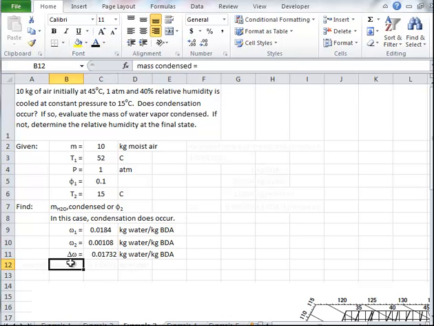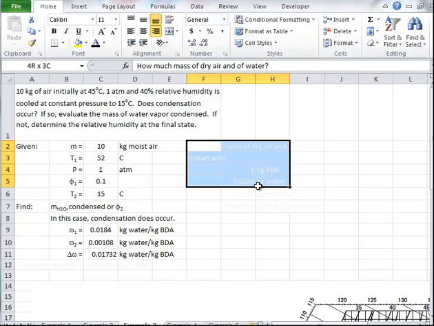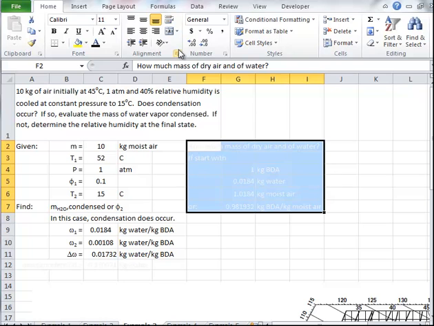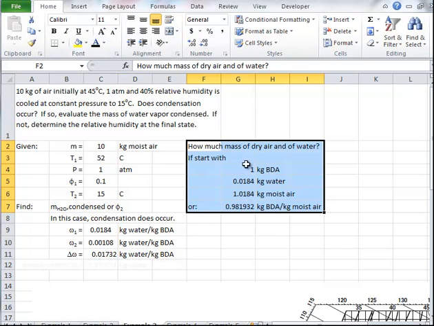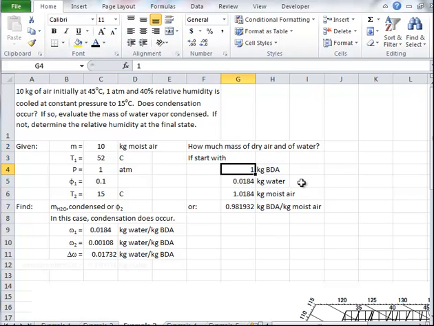Now, the problem is I need to figure out how much water I actually have. So that means I need to figure out, for 10 kilograms of moist air, how much dry air do I have? So I just need to play some little games with the masses. I started by saying, let's take 1 kilogram of dry air.